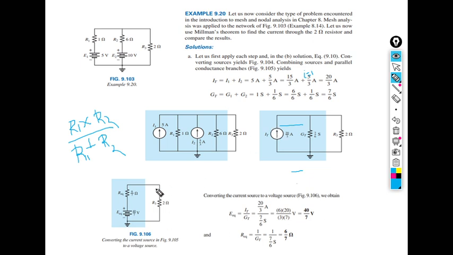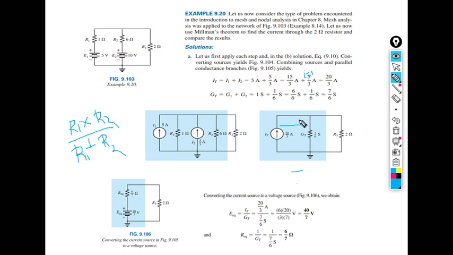Now with series resistance, not conductance. Here we have got conductance, so we have to convert it into a resistance. So 1 by GT, you will get 6.7, or you have the conductance, so you can convert it into a resistance.